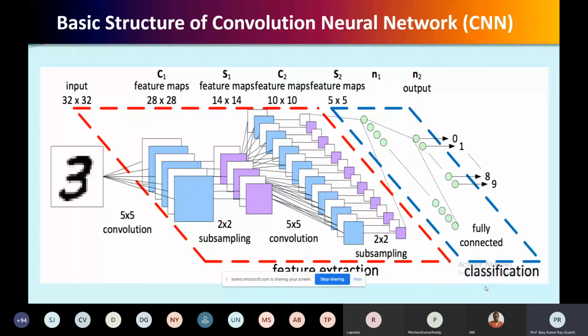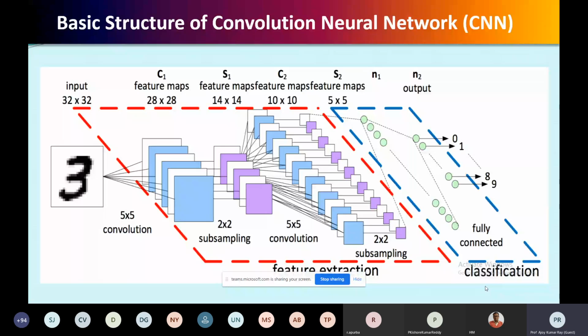Similarly, a series of such convolution, subsampling, etc., goes on. The final stage is a fully connected layer, like backpropagation, whatever I had shown earlier, and you have got the outputs. So this is the basic structure.